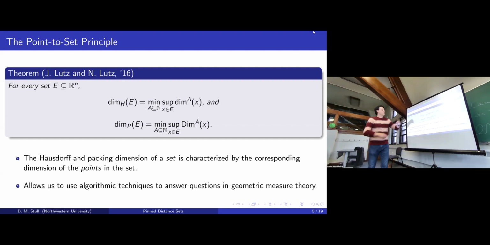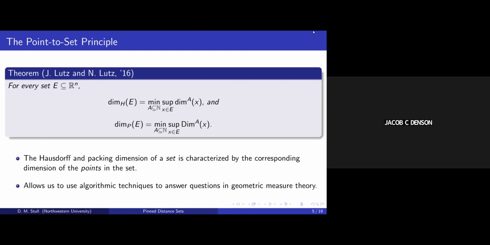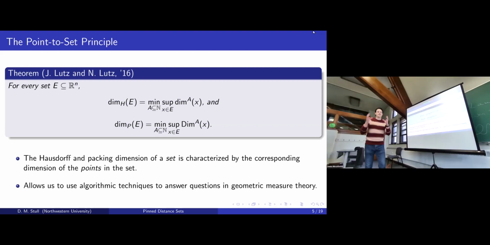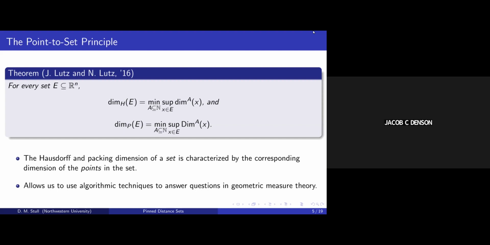What this oracle is doing is essentially encoding a sequence of covers of your set which converge to optimal. If you take the classical definition of Hausdorff dimension, you get the sequence of covers that converge to the right value.